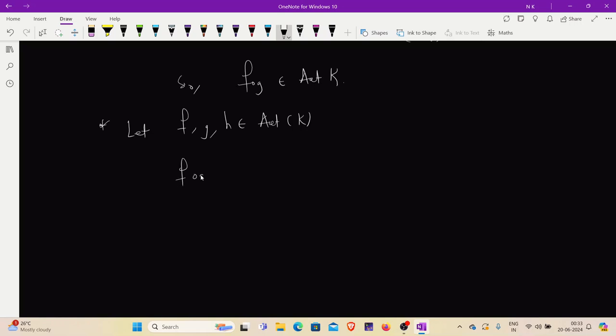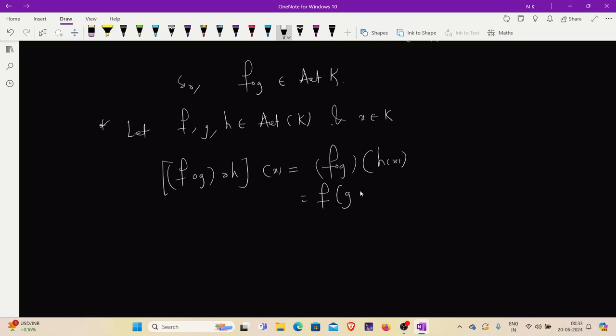So let me start like this: (f∘g)∘h of x, where x belongs to K. That is equal to f∘g of h of x, so that is f of g of h of x.